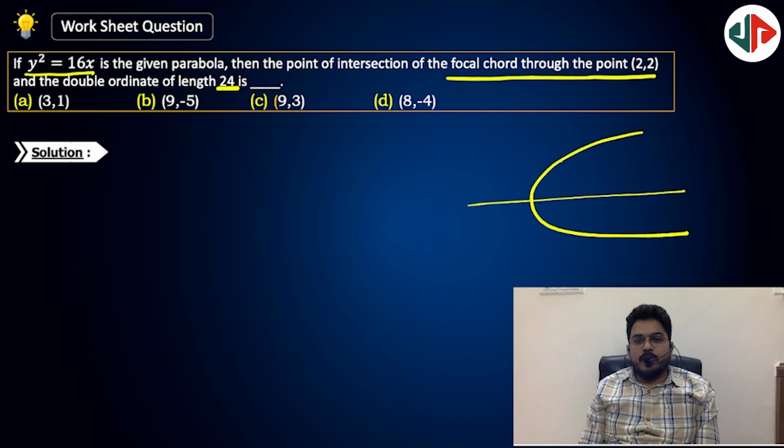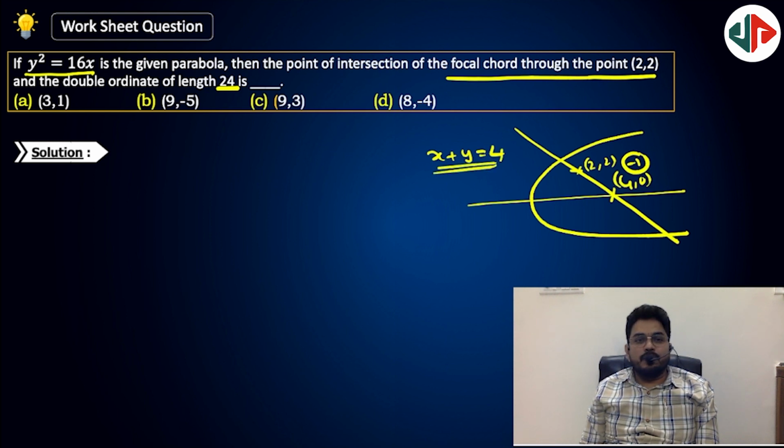A chord is passing through 2 comma 2 and 4 comma 0. 2 comma 2 will be here. What is the slope of this line? Minus 1 is the slope. So the equation is x plus y is equal to 4. X plus y is equal to 4.